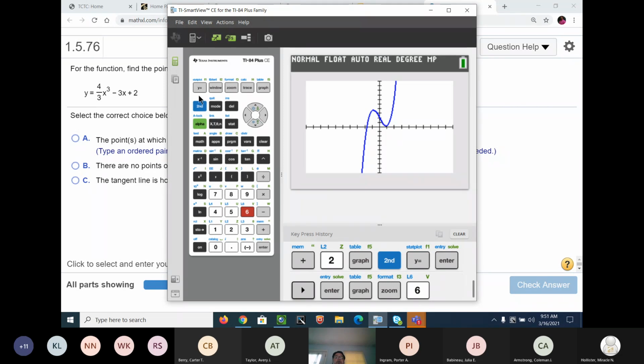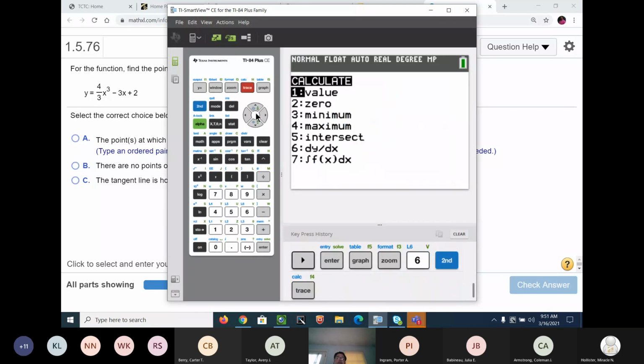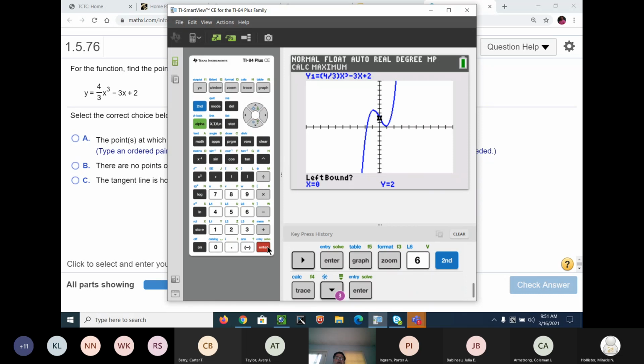So hit second, trace, and we want the min and the max. And the max is on the left. Left, enter, right, enter, and that just slows down the mathematical process for the calculator.